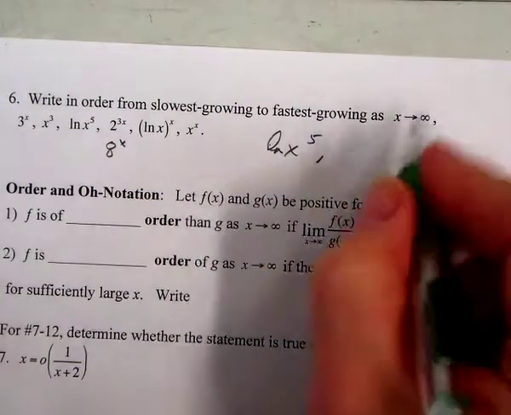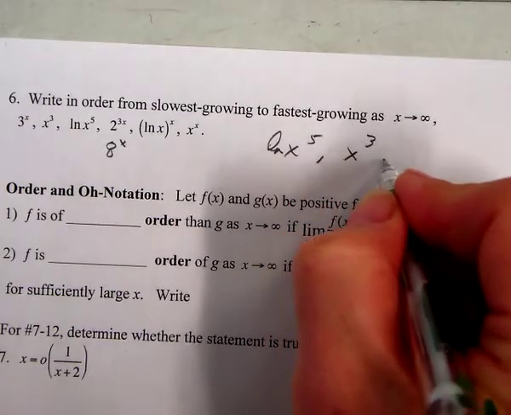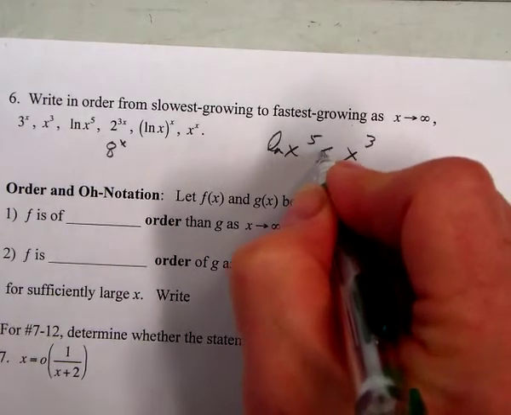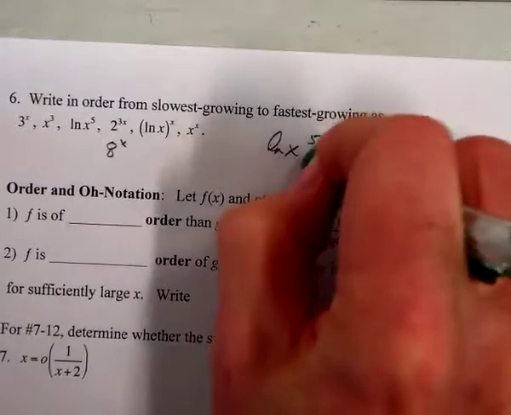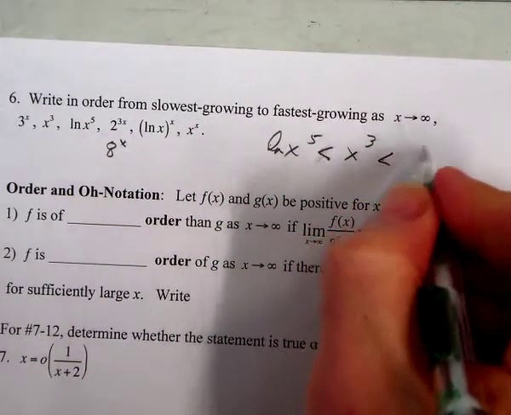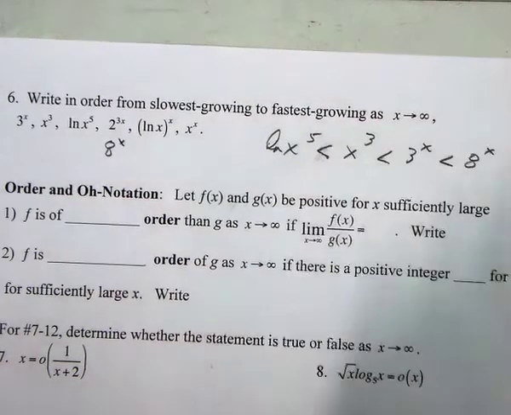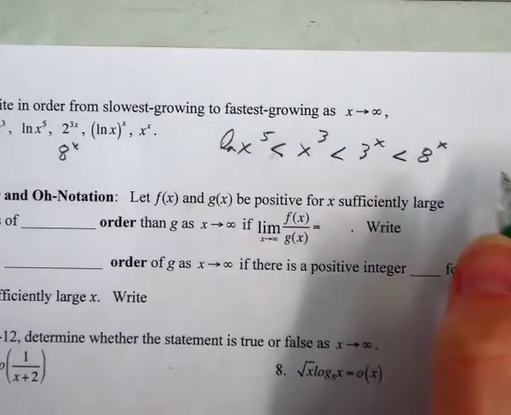Comma, we have x cubed. Actually, maybe I'll just write it this way. It's less than 3 to the x in exponential, which is less than 8 to the x, since that's also an exponential.